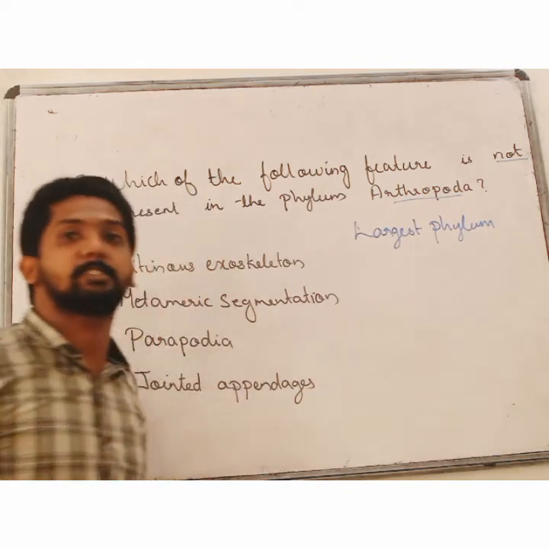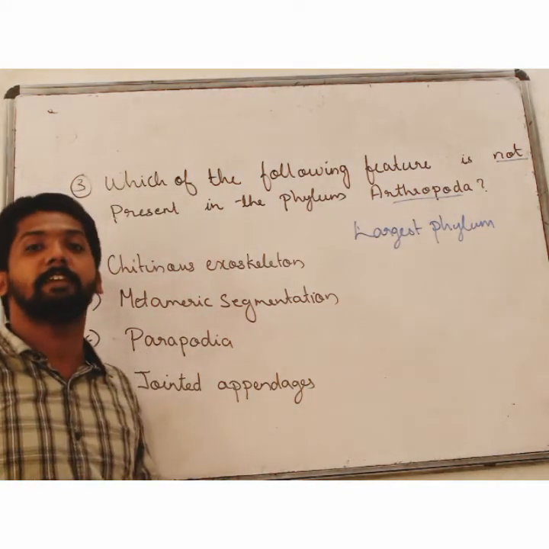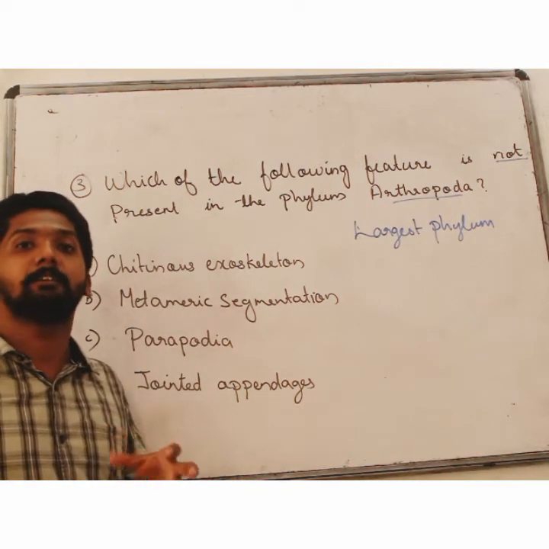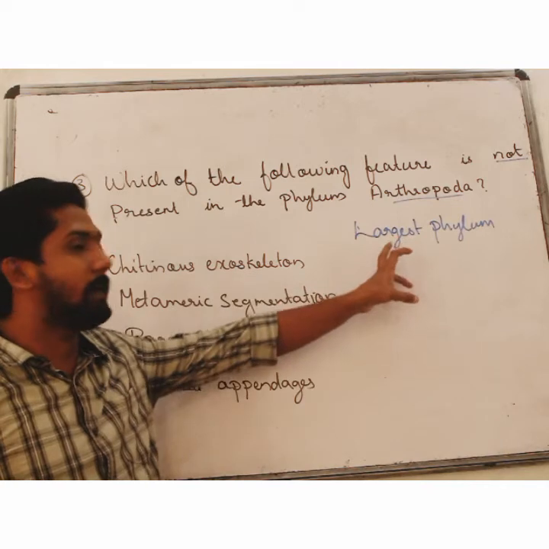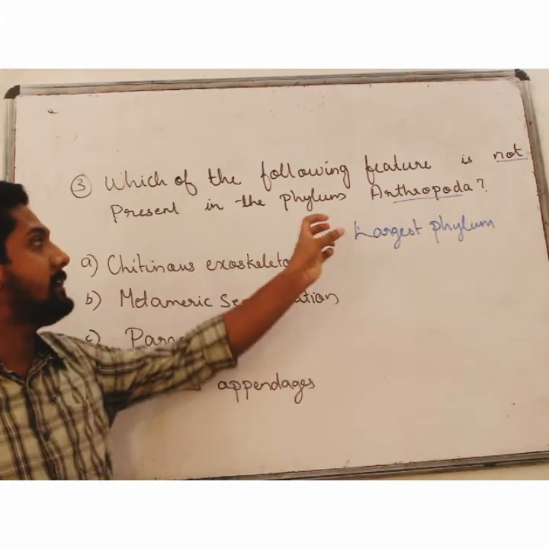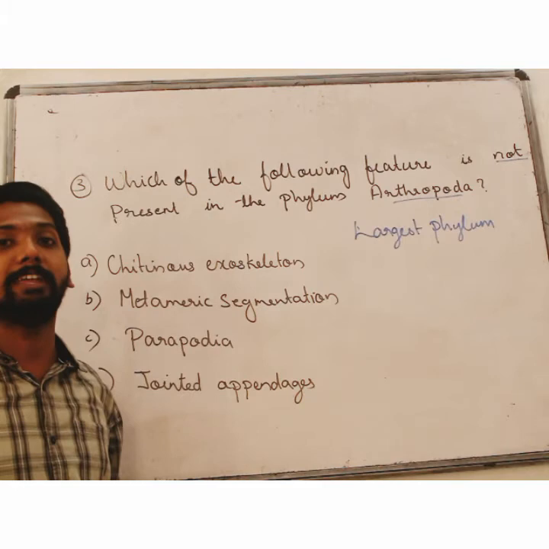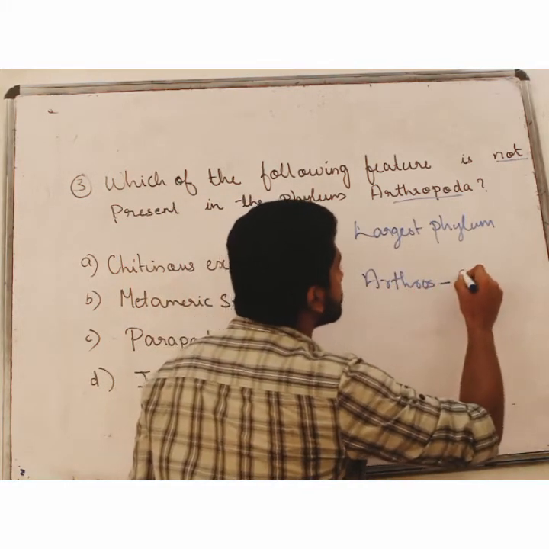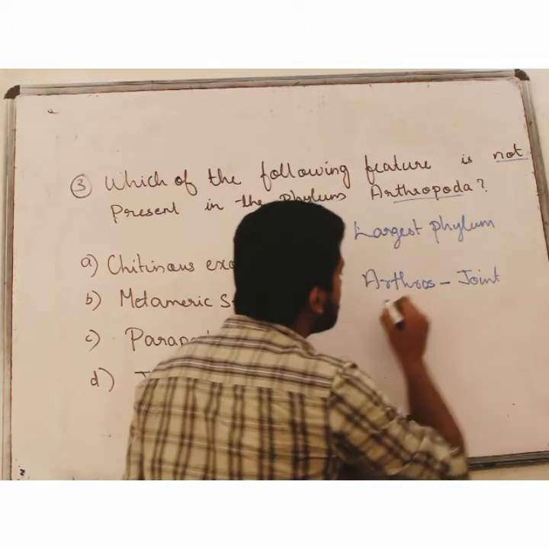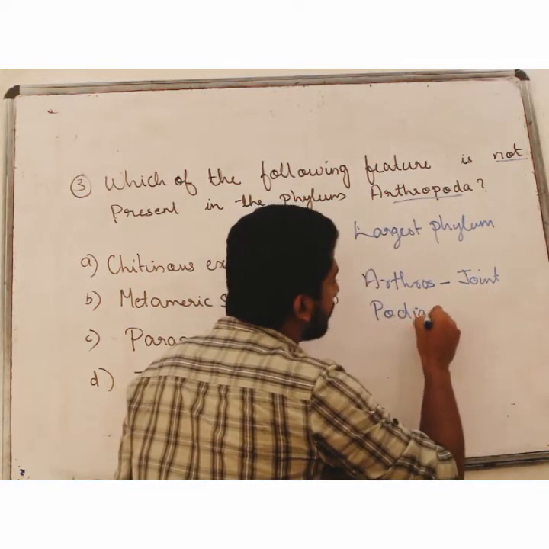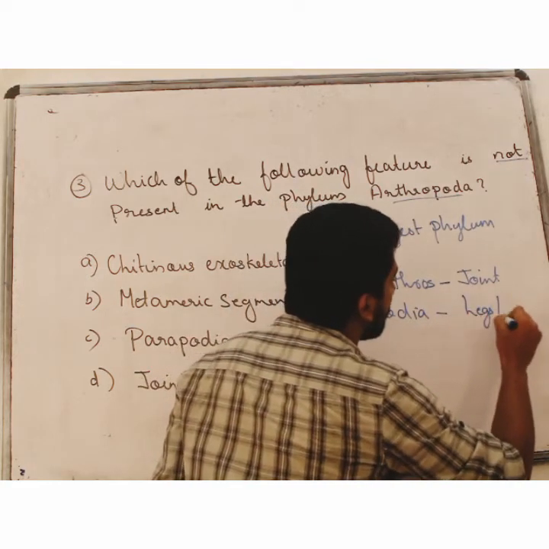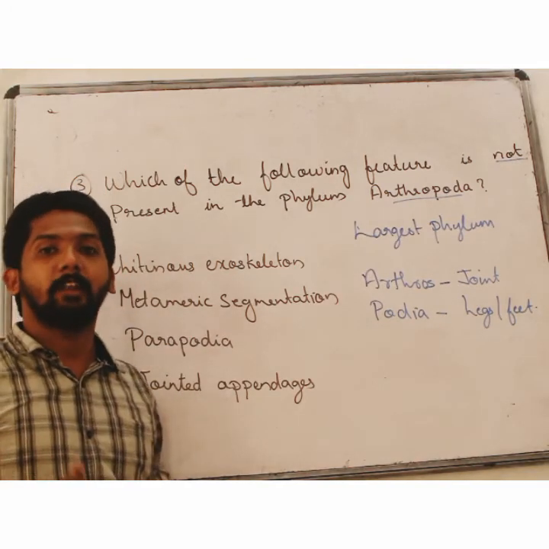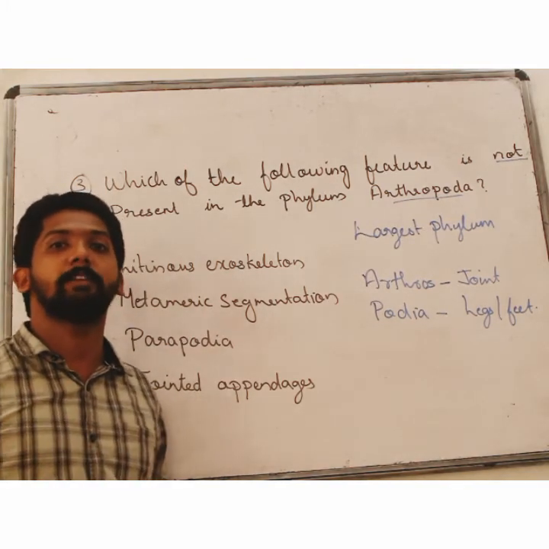It includes most of the insects, then crabs, crustaceans, prawns, etc. The name Arthropoda comes from two Greek words, arthros, which means joint, and poda or podia, which means legs or feet. So Arthropoda means organisms with jointed legs or jointed feet.